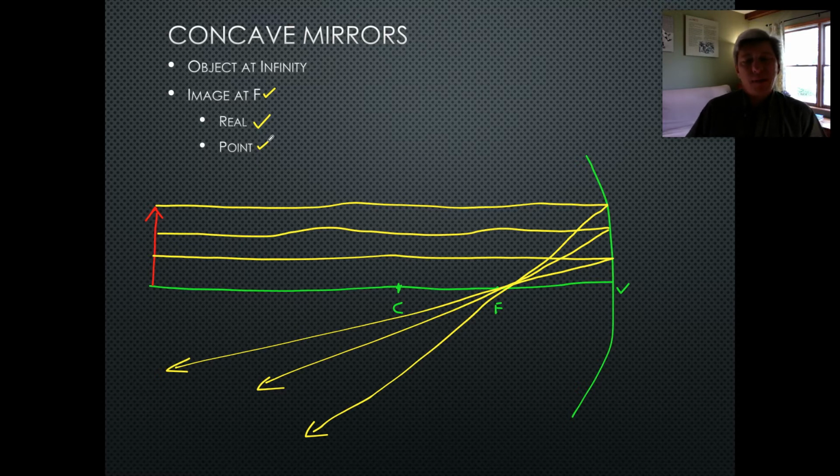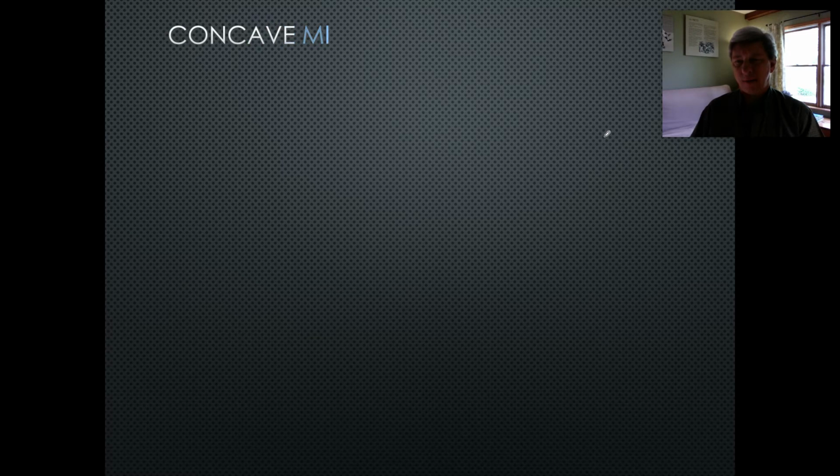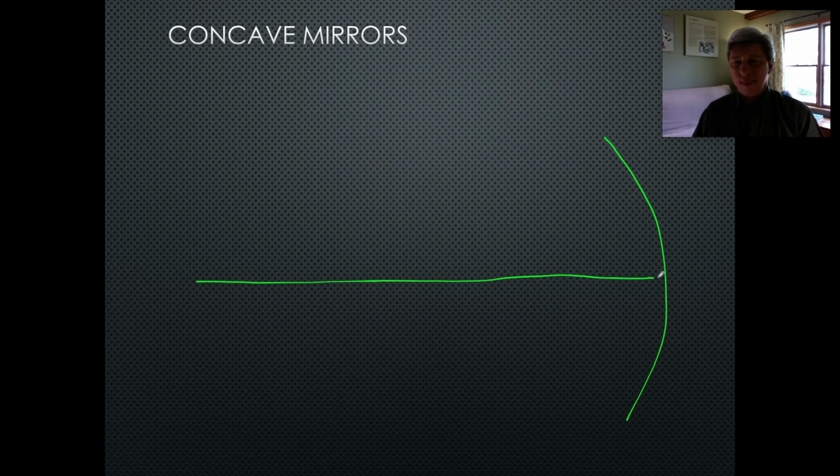What if I do the same kind of thing, but rather than placing the object at infinity, I put it somewhere beyond C, but not at infinity? All right, so let's try that one. All right, so I'm going to draw myself. Here's my curved mirror. Here's my principal axis. Ooh, look at that. I'm getting better at this as we go on.